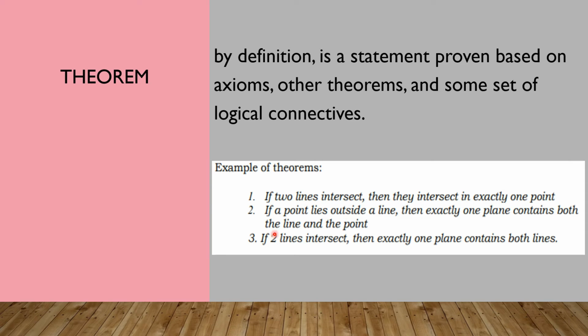For example, if two lines intersect, then they intersect in exactly one point. You need to prove it. If a point lies outside the line, then exactly one plane contains both the line and the point. Then if two lines intersect, then exactly one plane contains both lines.